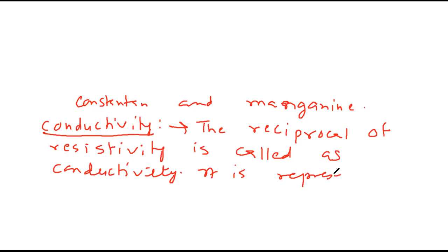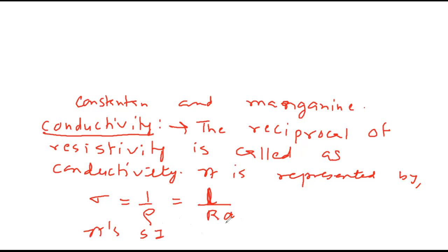It is represented by sigma equals 1 upon rho, that is nothing but A upon rho L, or L upon R. Its SI unit is 1 upon ohm into meter.